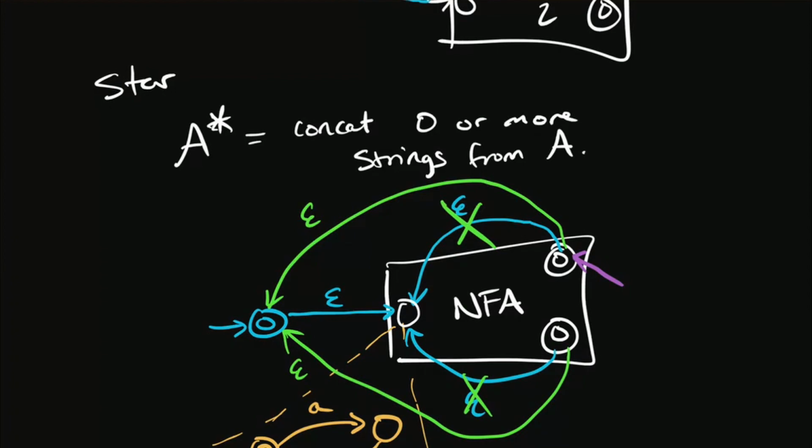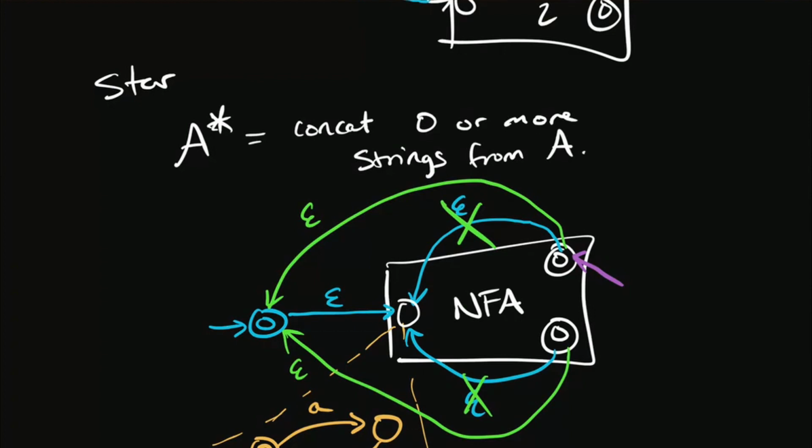No, because again, I don't have to take the epsilon transitions if I don't want to. So you could either do the one in red or the one in purple. It actually doesn't make a difference. But we actually do need to have a new start state. That is required because in some cases you really do need it.